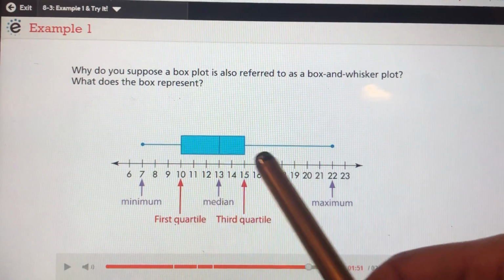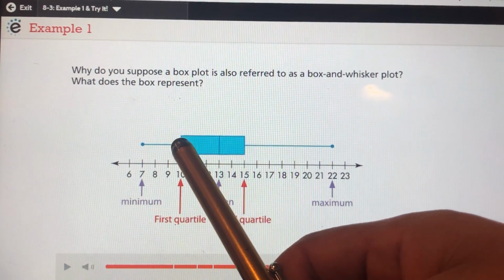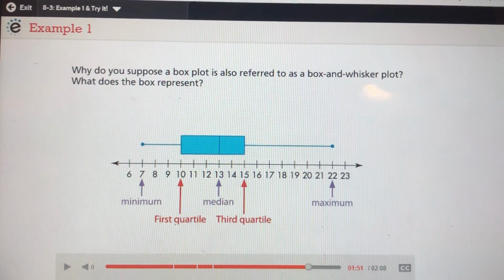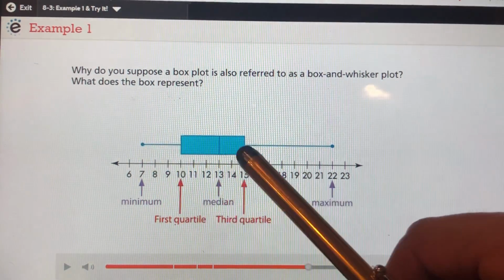Okay, so now that we have the box plot, we have 1, 2, 3, 4 sections, just like a dollar. A box plot is broken into 4 equal groups. They're equal. I know you might be thinking, well, this looks smaller than this.